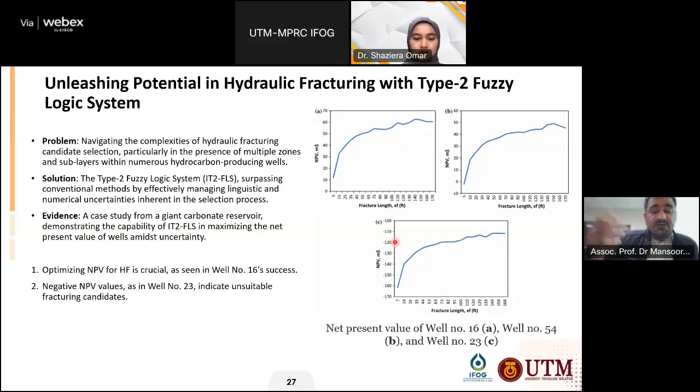This could occur in wells with high permeability, high skin, high water cut or low reservoir pressure. Overall, the proposed model effectively optimized hydraulic fracturing candidate selection, specifically under conditions of high uncertainty. Future work should address the issue of fracture design, which wasn't included in this study.